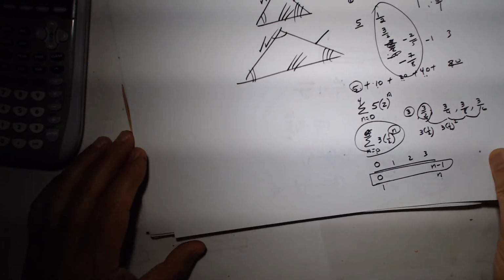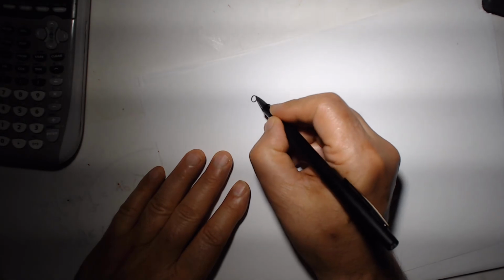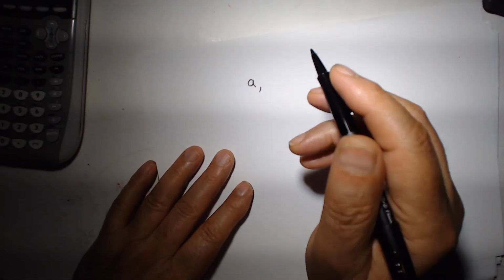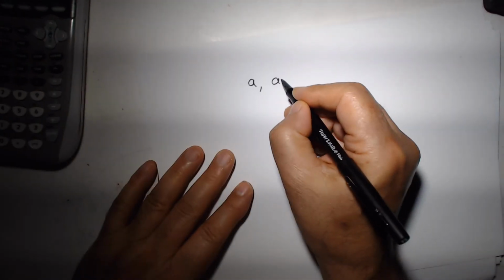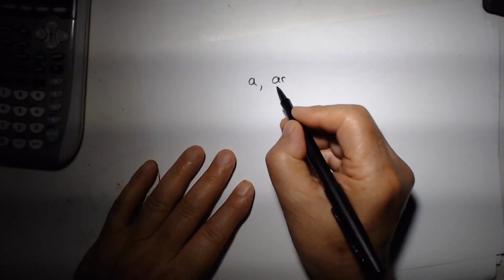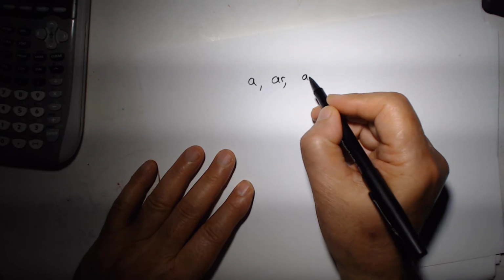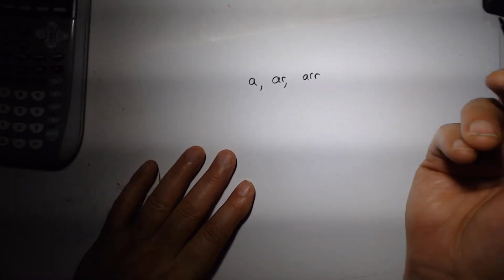Okay, how do you find the sum of a geometric series? It's very easy. Let's say you started from a, and the next one you multiply by r. That becomes ar. The next one you take this one and multiply by r, that becomes ar squared.